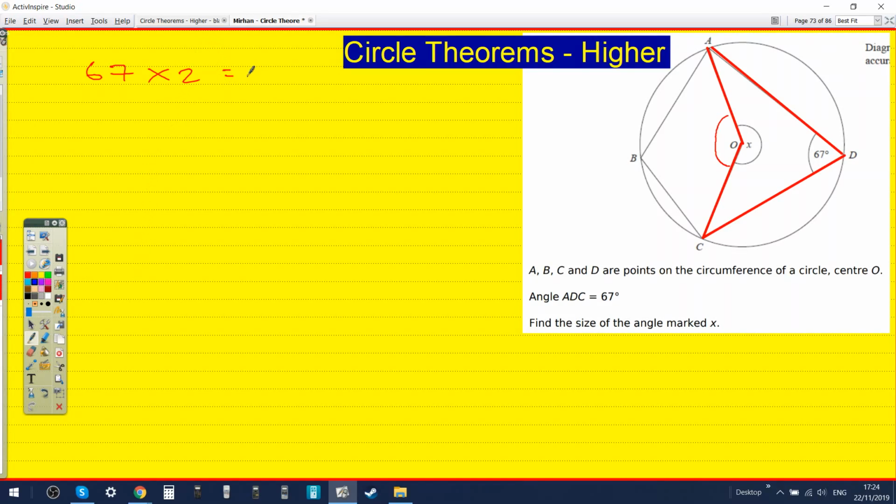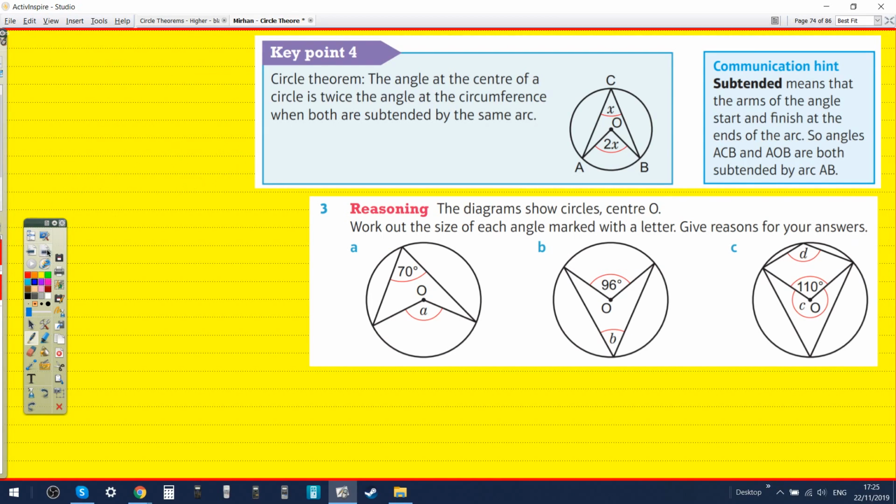And then 360 minus 67 times 2 is 226, so angle X is 226. That's it.